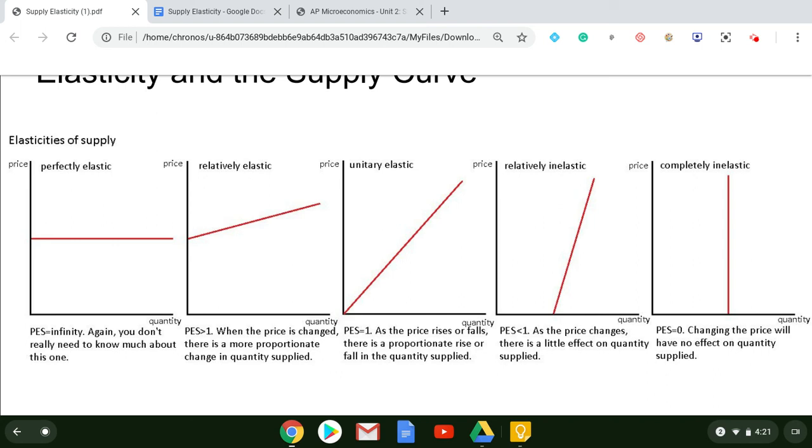There's not a perfect reaction to prices, but there's a significant reaction to prices. I wouldn't worry too much about the unit elastic graph there. Relatively inelastic supply is a pretty steep curve. And then, of course, perfectly or completely or totally inelastic, you have a vertical supply curve showing that no matter what the price is, they're going to produce the exact same amount.